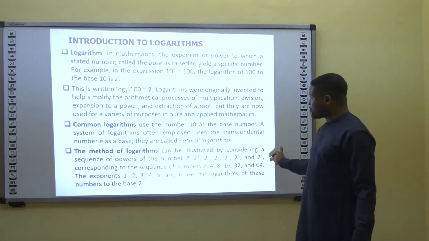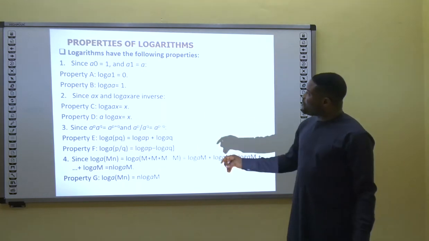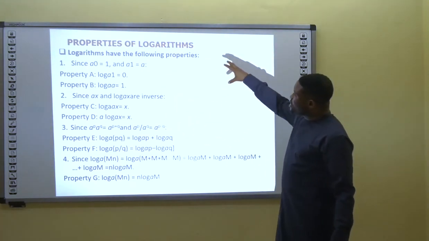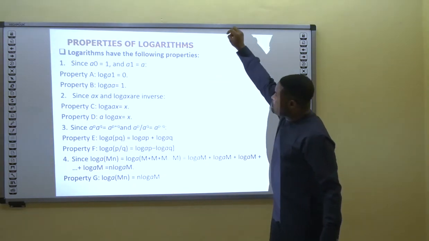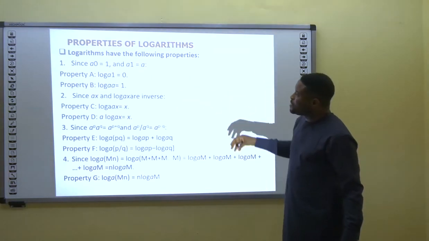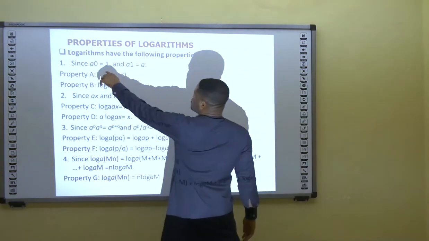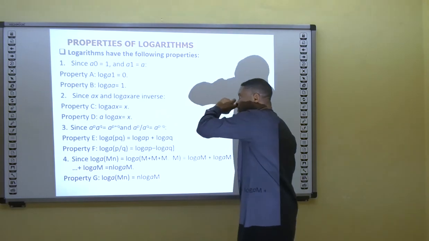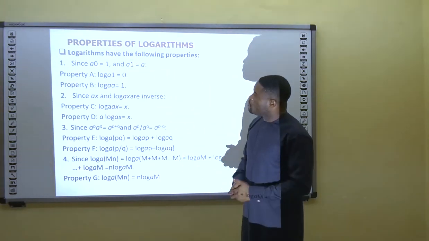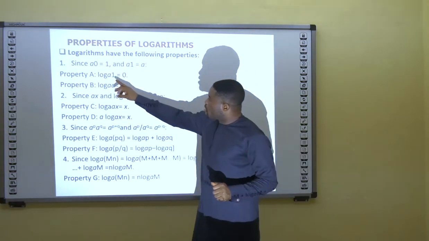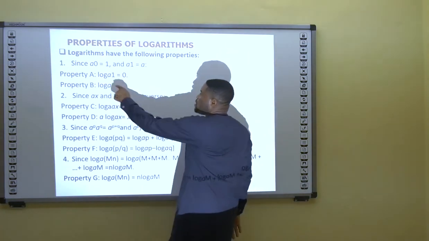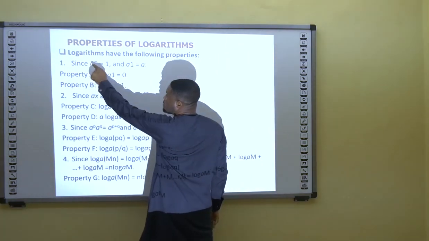Now, logarithms have certain properties, as we've seen in exponents. For logarithms, the following properties you come across: number 1, since a raised to the power 0 is equal to 1, and a raised to the power 1 is equal to a. It means that the log base a of 1 will be equal to 0, because whatever you raise to the power 0 gives you 1.